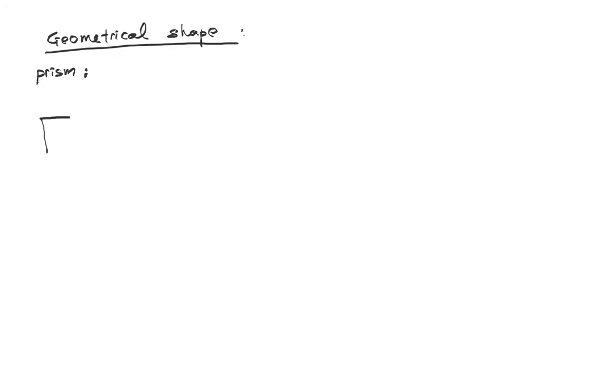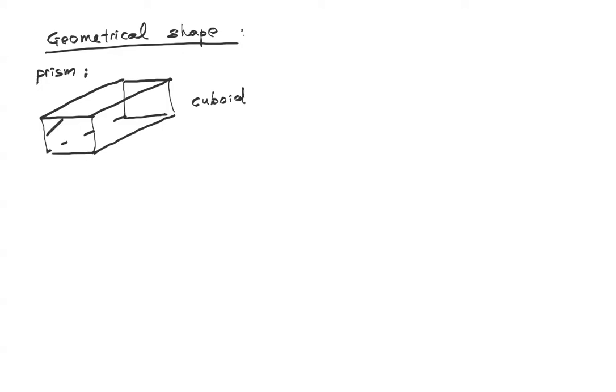Is this a prism? Is this a prism? Yeah, this is a cuboid. Cuboid is a prism because the end surfaces are the same. A prism is a geometrical shape whereby the end surfaces are the same.